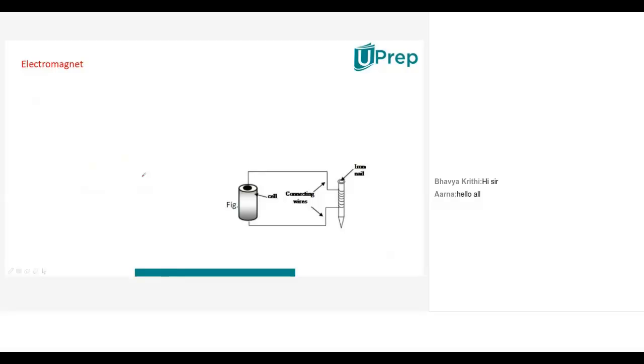Why we use nichrome? Because nichrome is an alloy which will have more resistance, and when more resistance is there, more heat energy it can produce. So electrical heaters or general electrical stoves, some wire will be there in it, heating element will be there in it, and that heating element will be made with nichrome material.